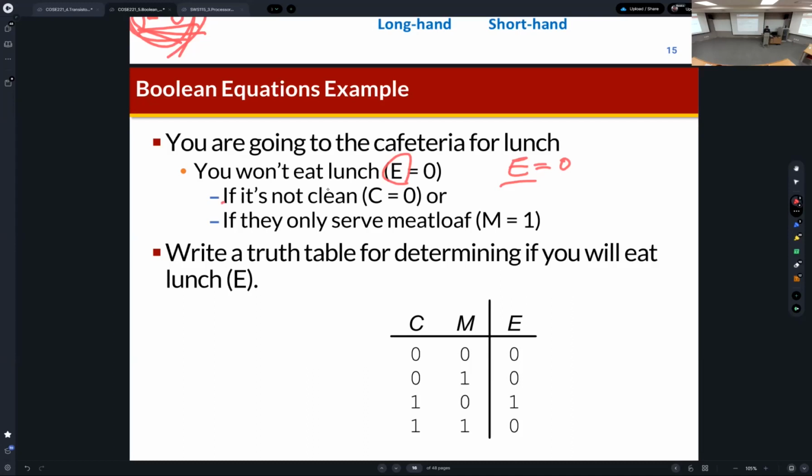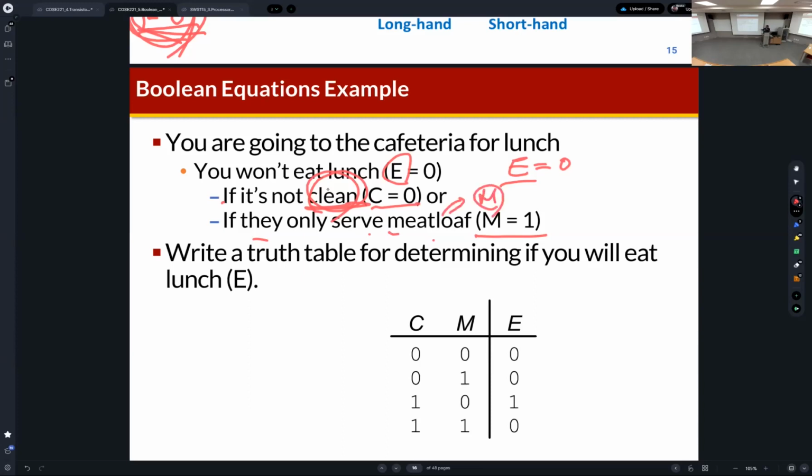If the cafeteria is not clean, so C is clean, this is the variable. If the cafeteria is not clean, then C equals 0. And if they only serve meatloaf, some kind of meat, then M equals 1. M means meat.